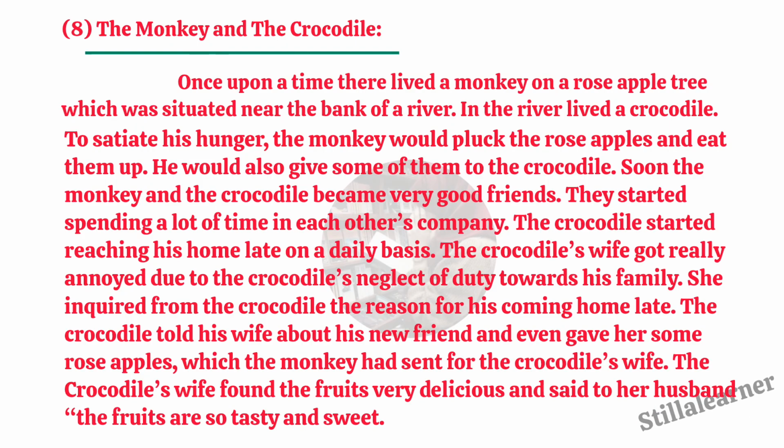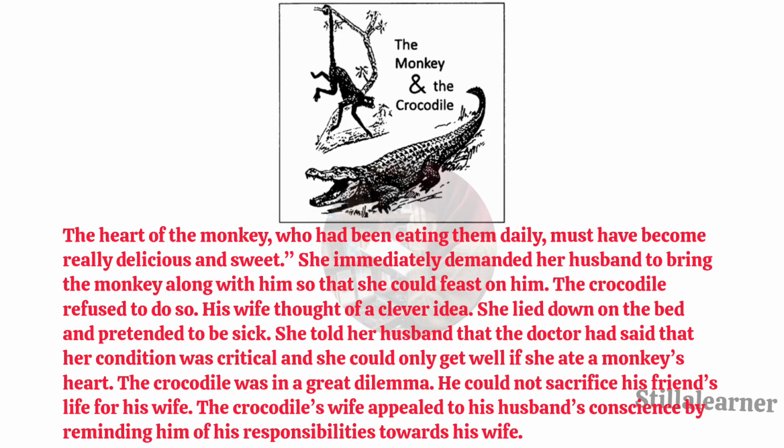The crocodile's wife found the fruits very delicious and said to her husband, "The fruits are so tasty and sweet." She said to her husband that the heart of the monkey who had been eating them daily must have become really delicious and sweet. She immediately demanded her husband to bring the monkey along with him so that she could feast on him. The crocodile refused to do so.